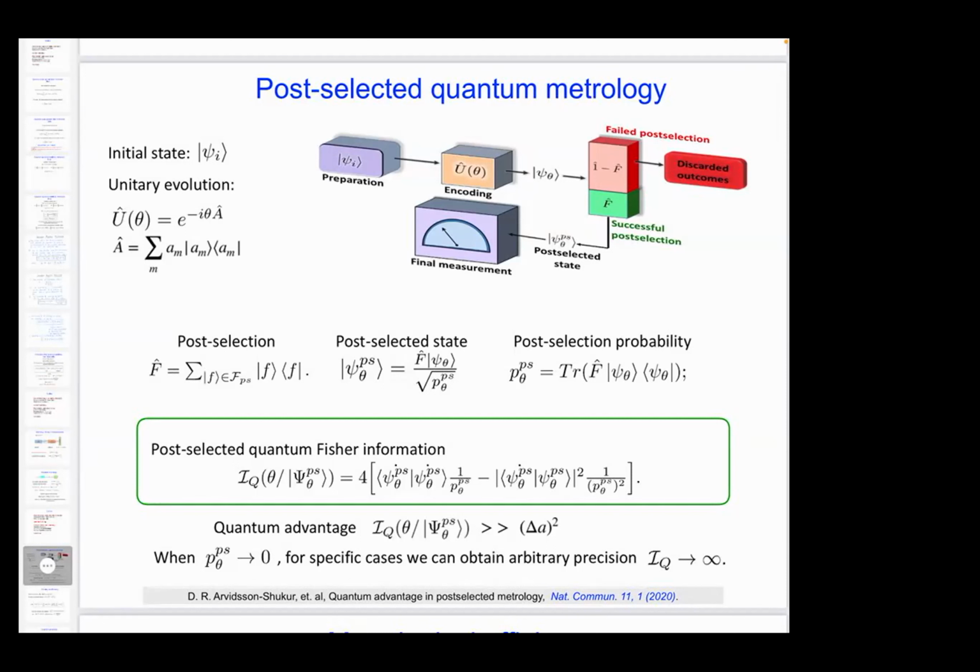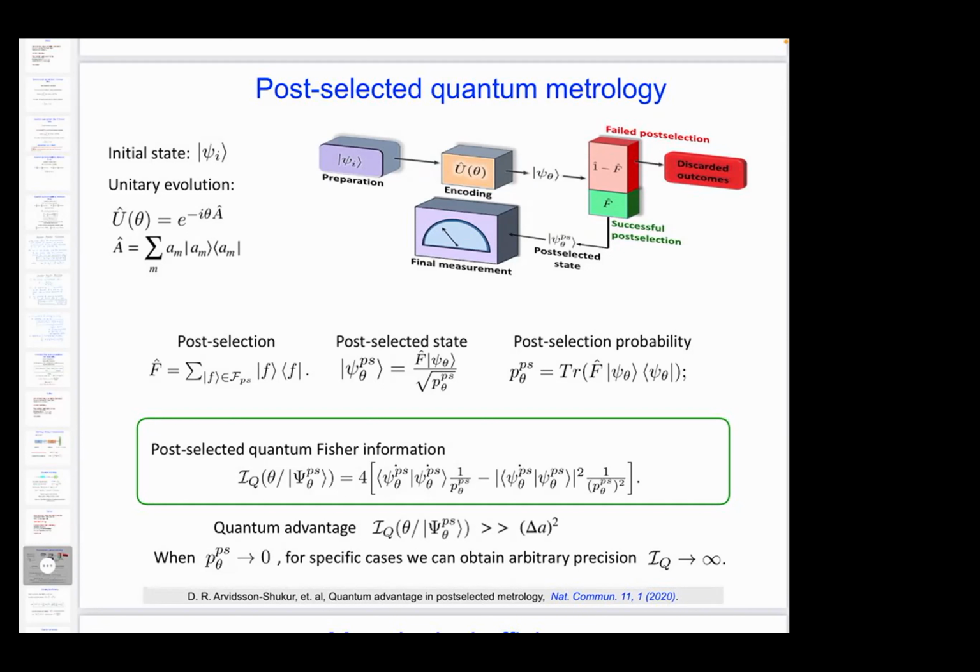So now what I was talking about is quantum advantage. What does quantum advantage actually mean? Previously what I have shown you, at max, the error can hit delta A square, right? So you can never have a situation where you can supersede that limit.